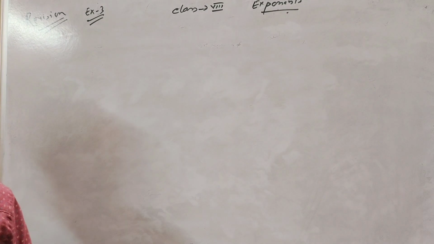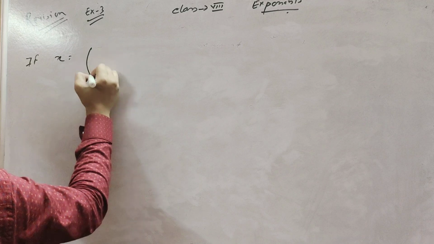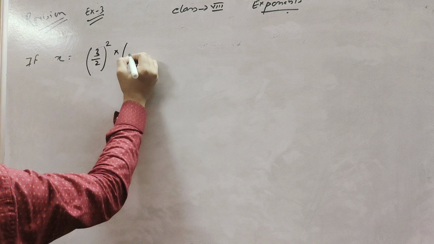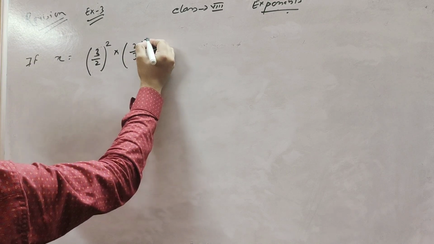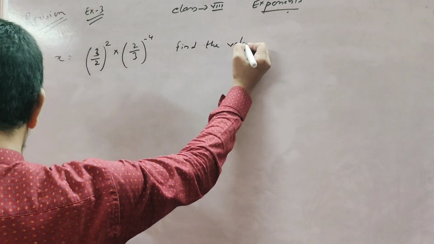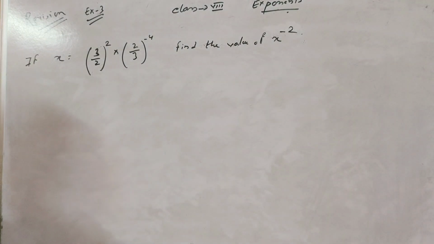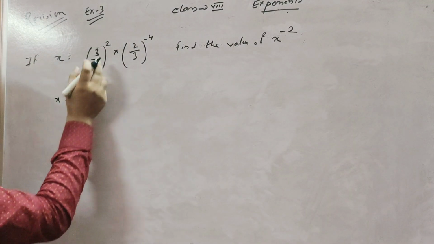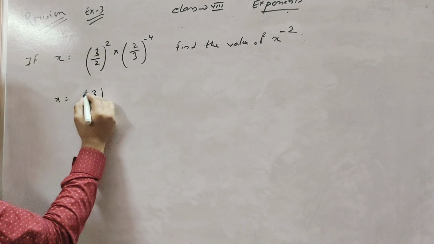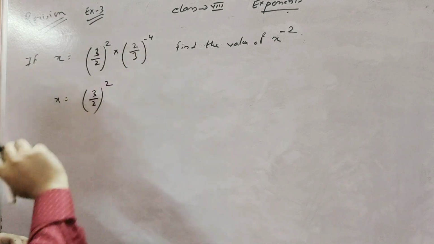One more question. If x equals 3 by 2 squared into 2 by 3 to the power -4, find the value of x to the power -2. Okay, x is given as 3 by 2 to the power 2, and this one is given as 2 by 3 to the power -4.